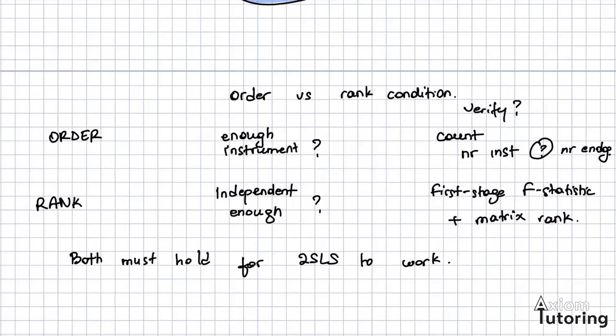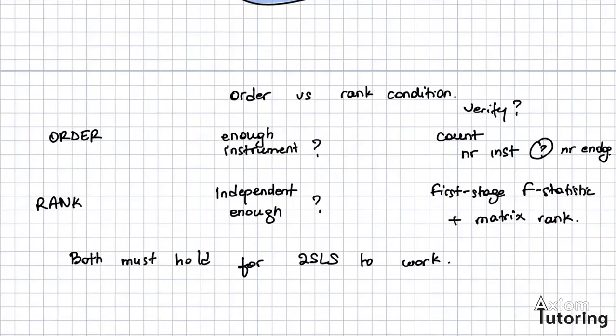Software like Stata reports these automatically when you use the ivregress command, but keep in mind, depending on what kind of work you're doing, and especially what kind of material you have been exposed to in class, if we're talking about an exam, then the tests that you need to mention are exactly the ones that you have been exposed to.